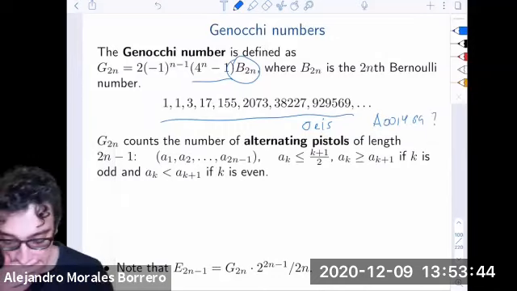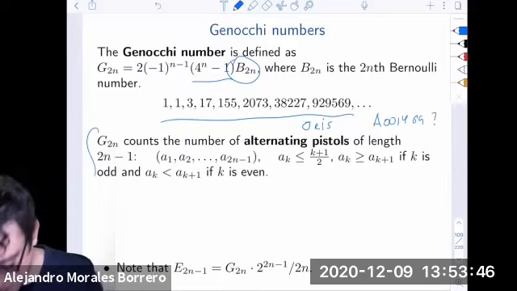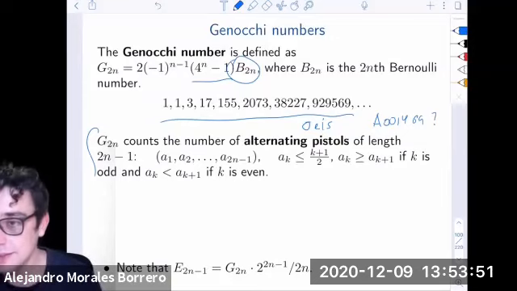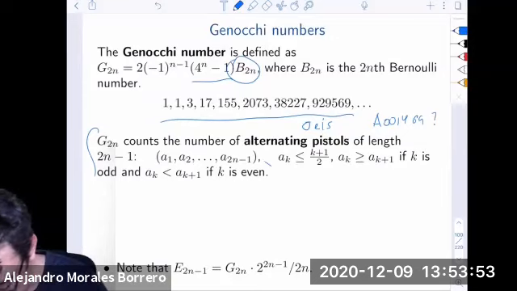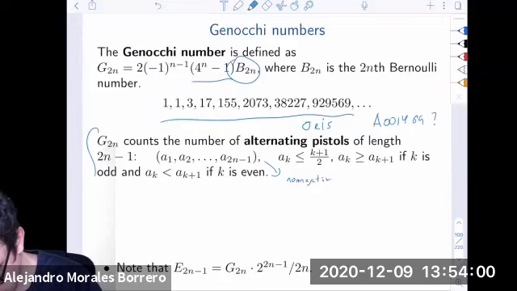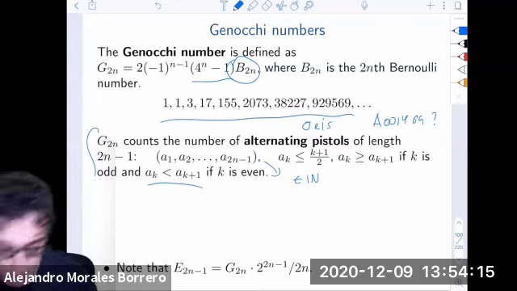Okay, but let's see what they count. I don't like the name too much, but that's what it is. It's called alternating pistols of length 2n minus 1. So this is a tuple of integers, non-negative integers, in N, where a_k is less than or equal to (k+1)/2, and a_k is bigger than or equal to a_{k+1} if k is odd, and a_k is less than a_{k+1} if k is even.